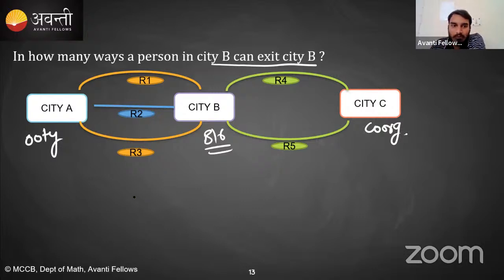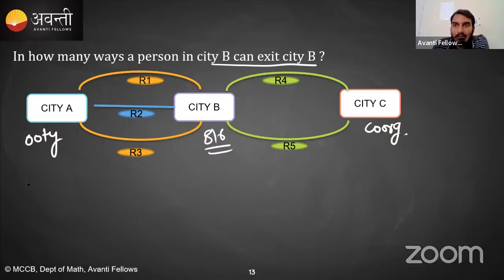See, the person can exit city B using these three routes R1, R2, R3, right? So that person can go to city A, yes or no? If he has to exit, he can go to city A, or that person can go to city C. Clear?